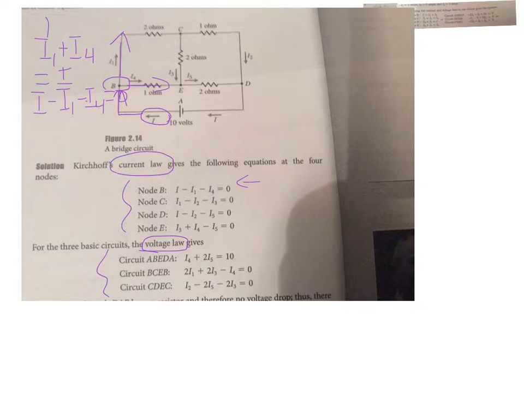So at node C, if we try that again, let's do this one in a different color just so that we can keep track of it. So here's node C. We have to look at what's coming in to node C, and what's coming in is I1. It's on its way here around the corner, coming up and it arrives at C. When it gets to point C, it splits off again in two directions.